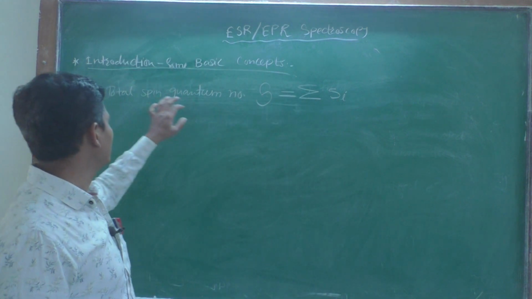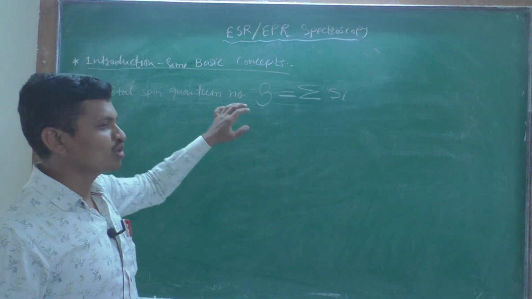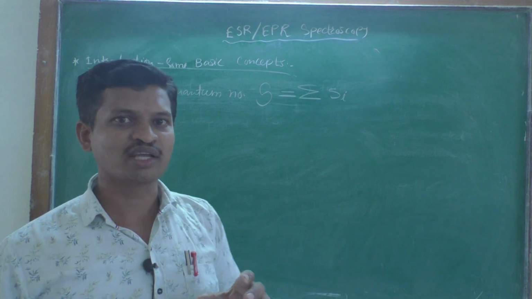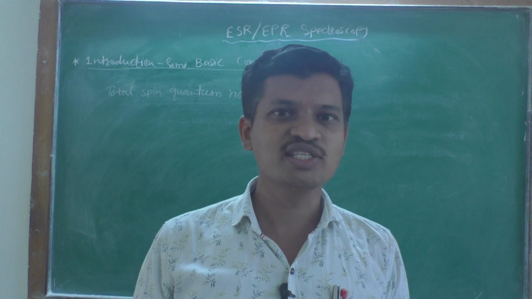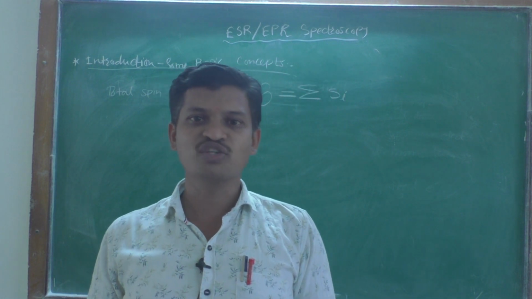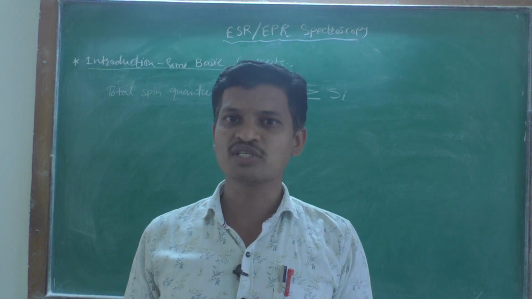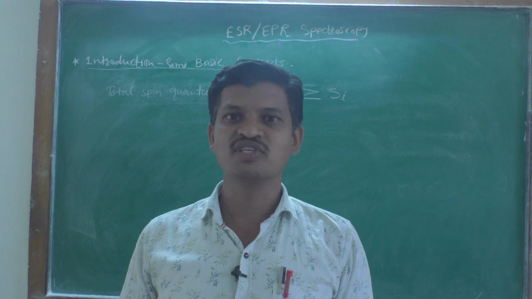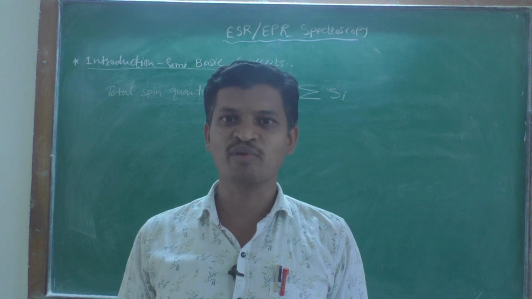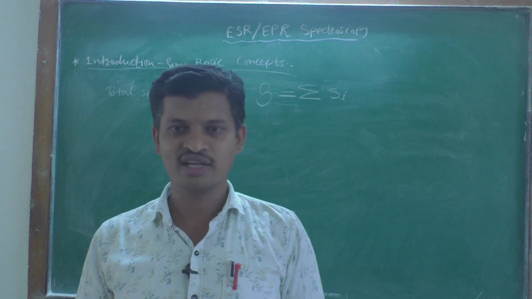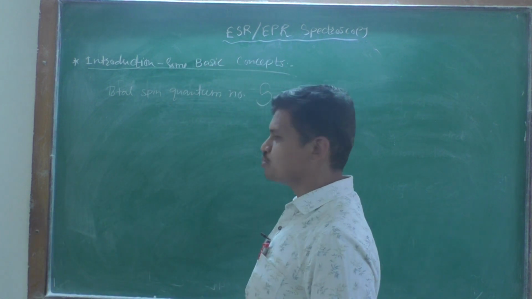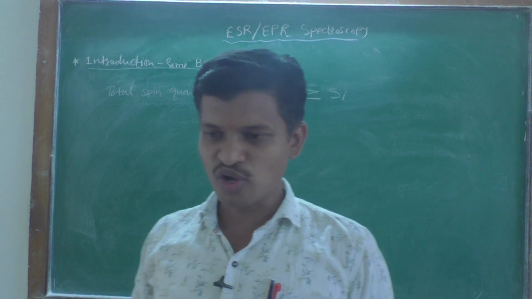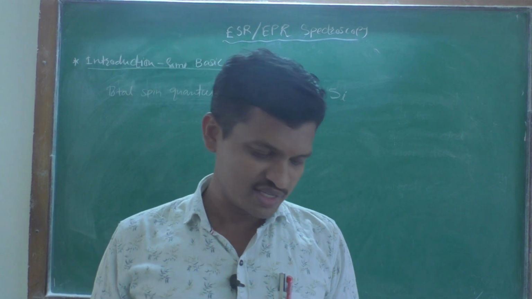This is the total spin quantum number of that chemical species. It is a vectorial sum, which means you have to consider the direction, clockwise or anti-clockwise, with plus sign, minus sign, etc.